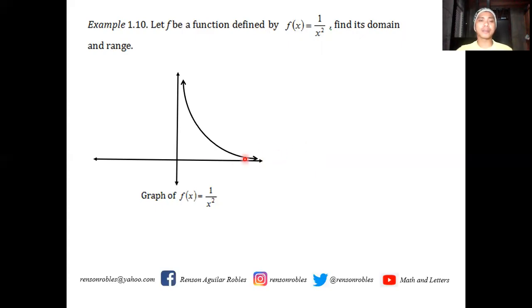And as x approaches 0, as the value of x gets closer and closer to 0, the value of your f of x gets larger and larger, approaching positive infinity. And y cannot be negative, because if we replace x by any number here, positive or negative, the result will still be positive because of this x squared, because of that square.